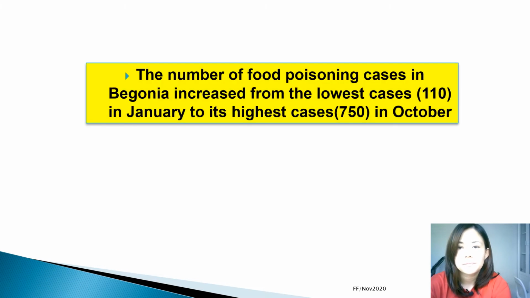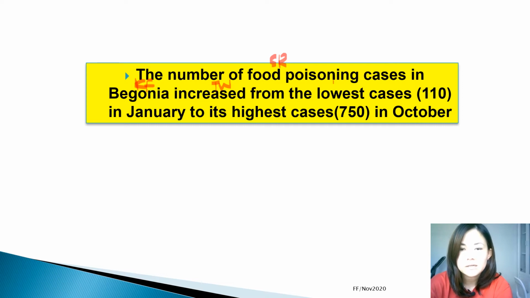Right? How about this? Number of food poisoning cases in Begonia increased from the lowest cases 110 in January to its highest cases 750 in October. So we are talking about the number of food poisoning cases, the subject reference. This time it is correct with the word cases here. In Begonia, key feature, increased. Increase is the trend word.